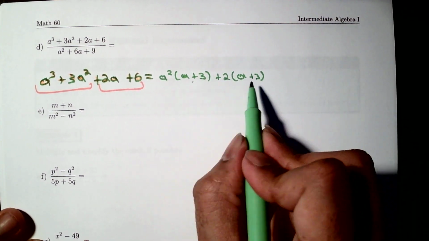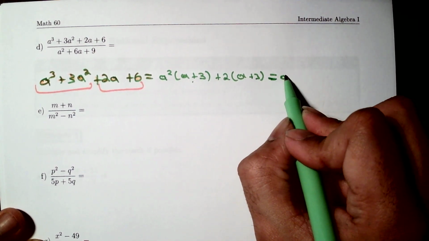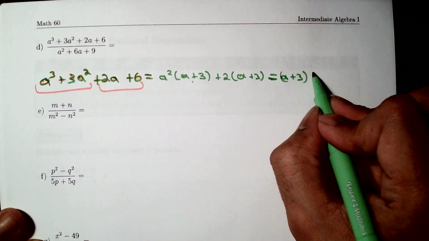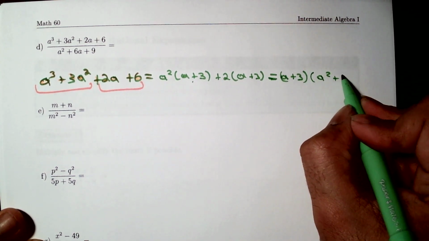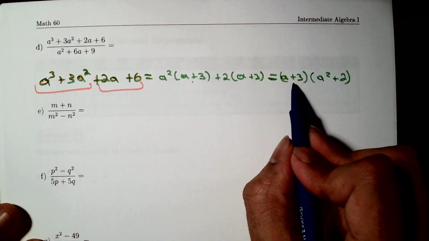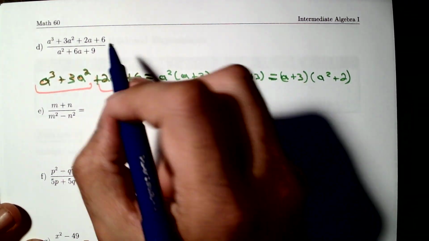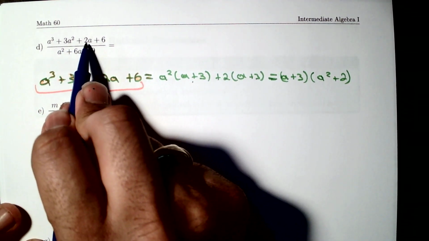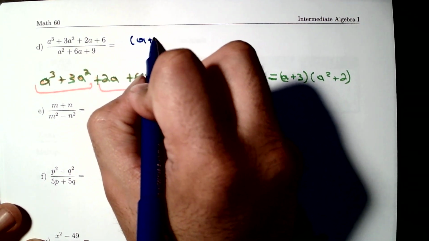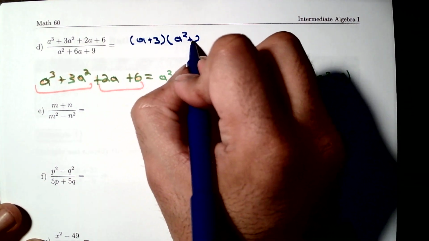And then another GCF, a plus 3, and a squared plus 2. So I'm going to write this in place of the numerator: instead of a cubed plus 3a squared plus 2a plus 6, the factored form, which is a plus 3 times a squared plus 2.